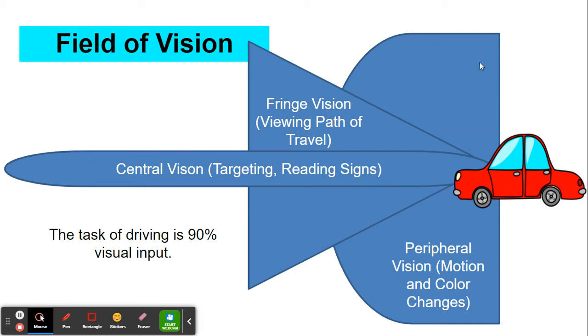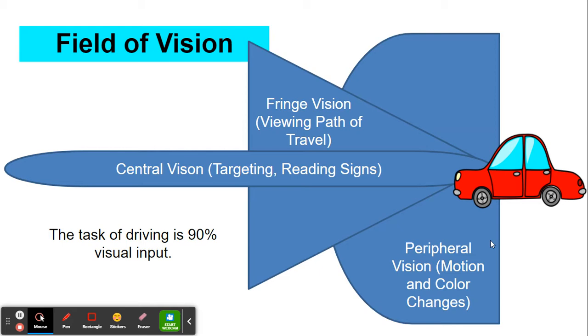And our peripheral vision is important because it warns us if something strange is about to come onto the roadway, for example. It detects motion and color changes, so it's a good warning feature for us. That's why we still have it. We've evolved that way.